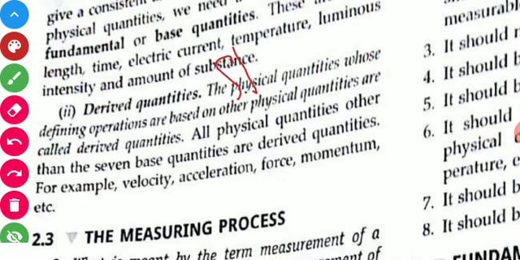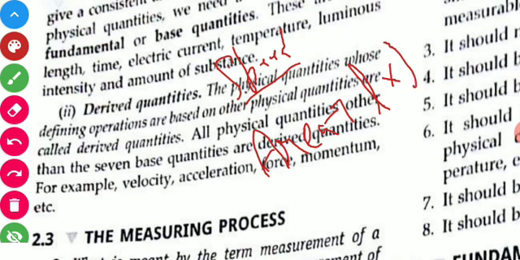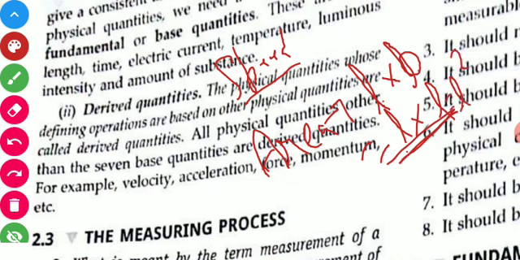One is speed, which we define in terms of length and time. Also we have area. Area depends upon length, because area is equal to length into breadth. Length is length, breadth is also length, so both are length and length, so it becomes length square. So area depends upon length square.